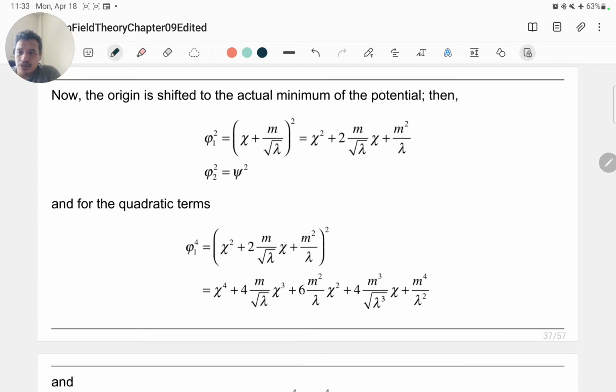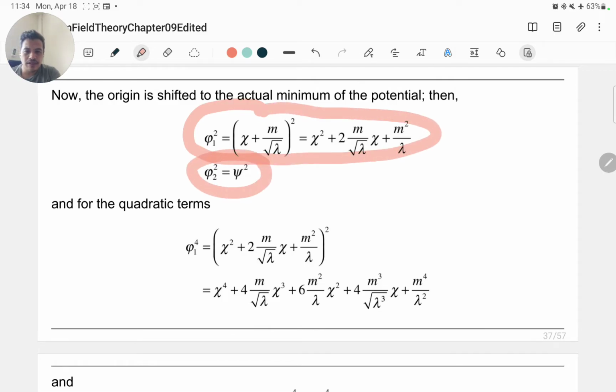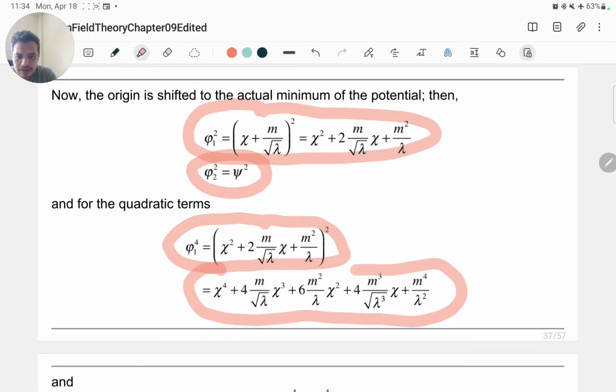Now we can do some algebra to the shifted fields chi and psi, so that we can write phi 1 squared into this expression, and of course phi 2 is trivial, and the quadratic terms become this expression, also expanded into this one.